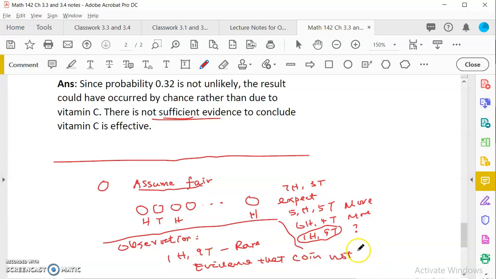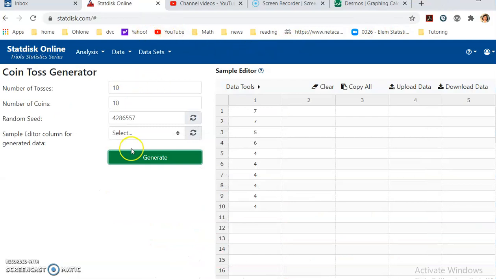Which is common sense, right? If you see someone toss 10 times and you see this, you will say, well, your coin must be loaded. It's not a fair one. Because with a fair one, we usually see 5-5, 6-4, 7-3 a lot of the time, but not that extreme. So we can do it multiple times.